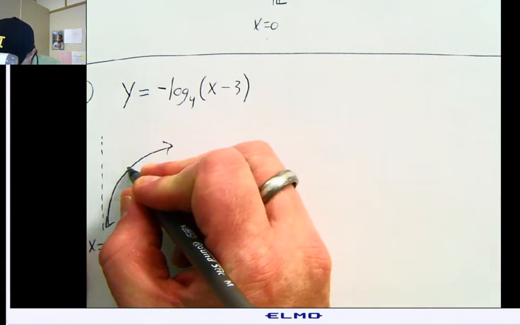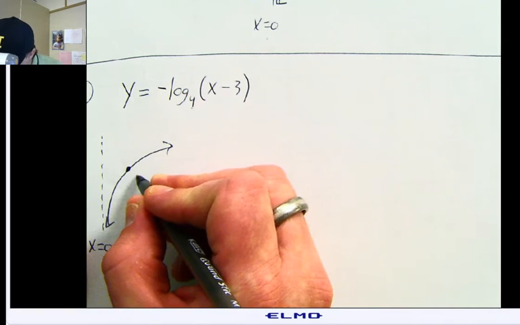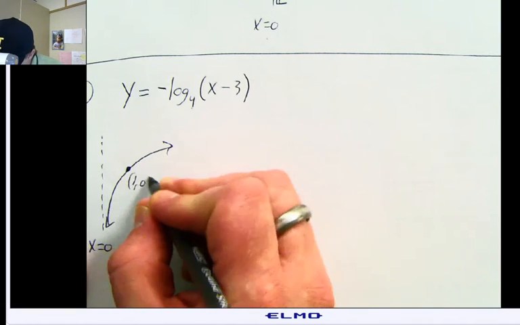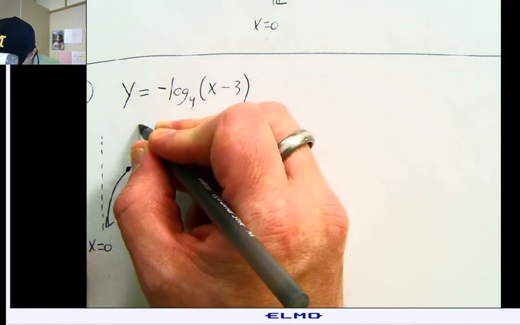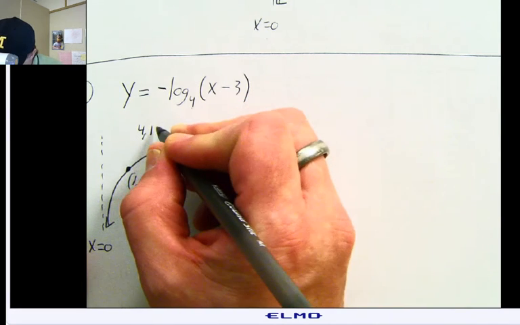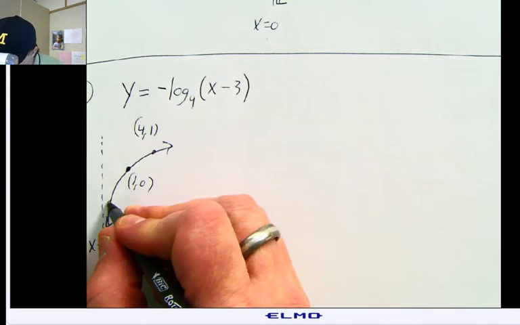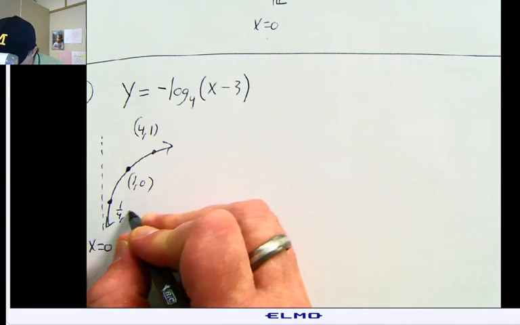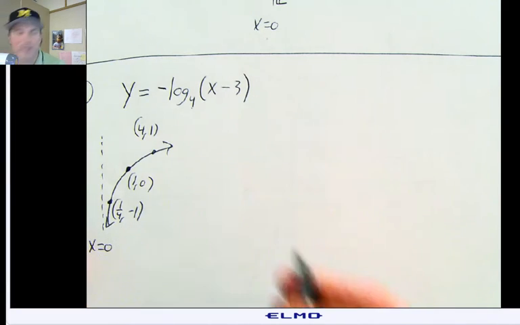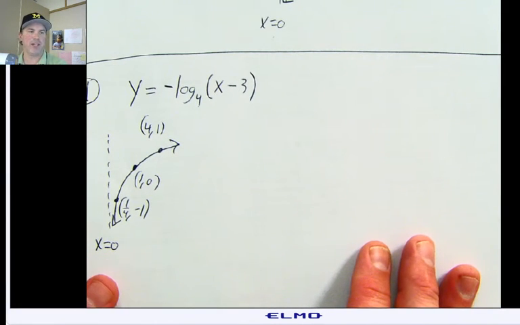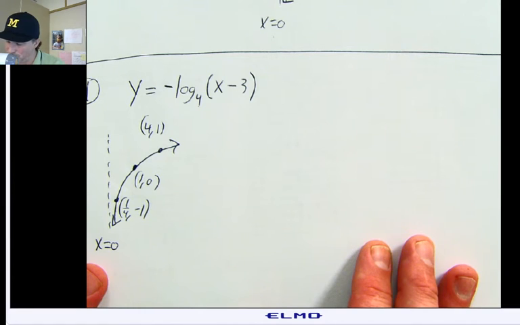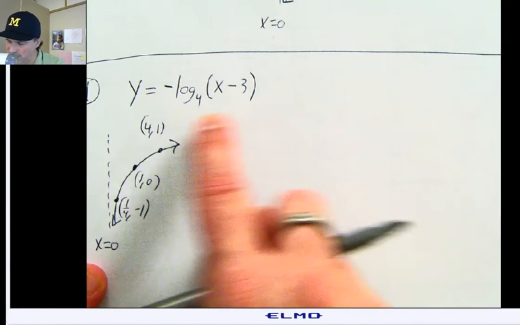So this point right here will be (1, 0). This point here would be (4, 1). And then this point here would be (1/4, -1). These are the inverse points of the exponential function y equals 4 to the x. All right, looking at this.